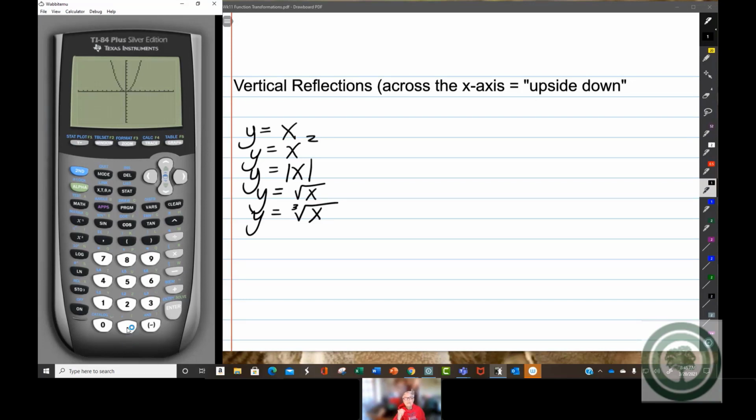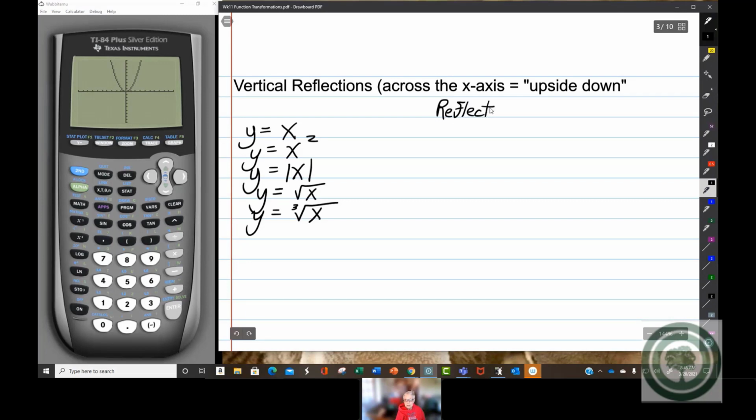If I want to reflect this across the x-axis, and that's the name of what we're about to do, reflection across the x-axis, in other words, make it go upside down. There's y equals x squared. Let's flip it upside down.